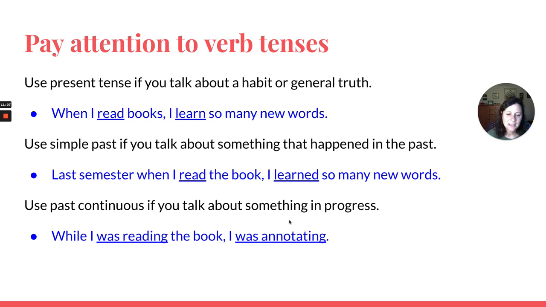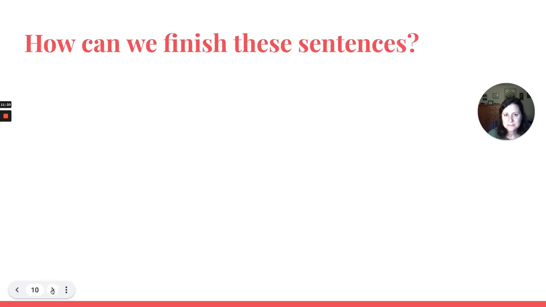They're happening and in progress. So I'm using here past continuous. So it's good to pay attention when you're writing them. Pay attention to the verb tense, because it can be confusing if sometimes you use present and sometimes you use past, and then the time relationships can be confusing. So it's good to pay attention.